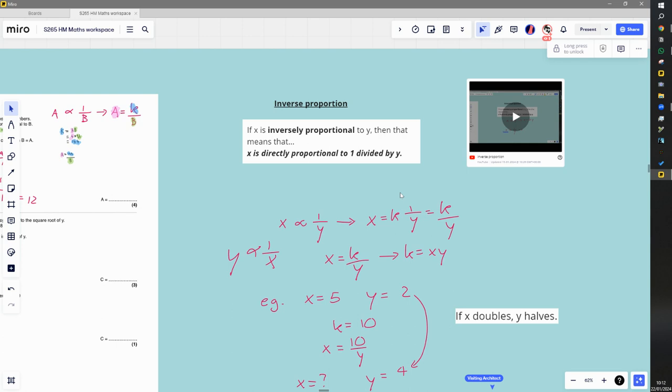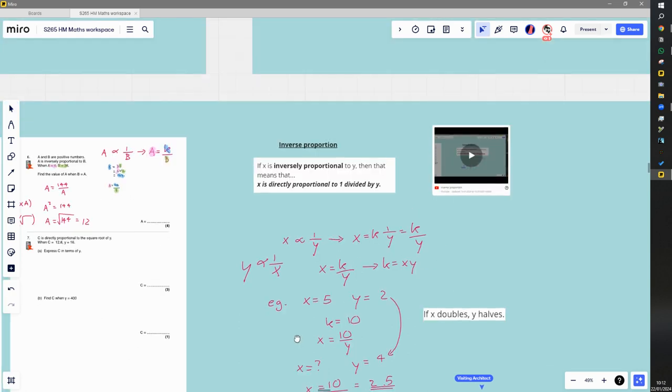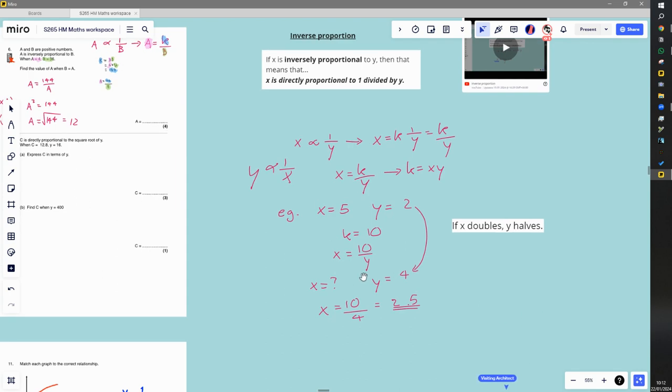And if I knew that, for example, when x was 5, y was 2, then k would be equal to 5 times 2, which would be 10. And then I said, well, what is x when y is 4, for example?